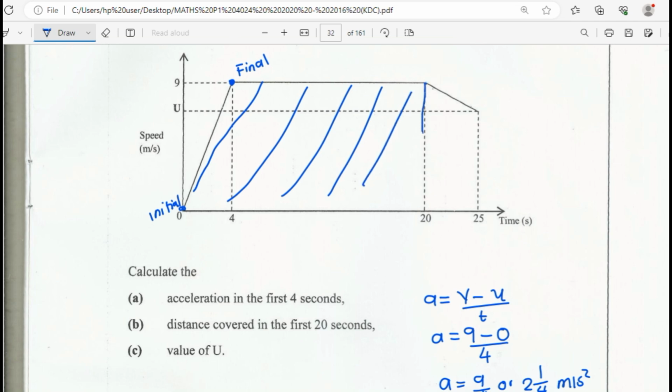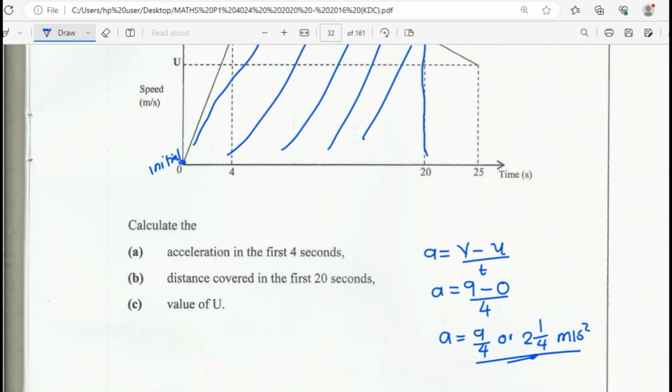So this one is giving us a trapezium. So trapezium distance is equal to half a plus b times h. So how do we get the values?